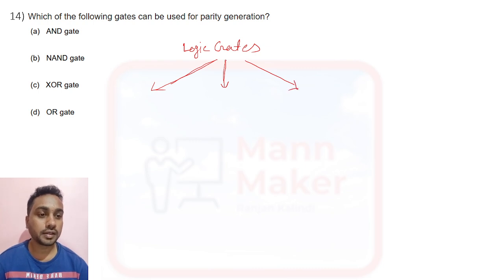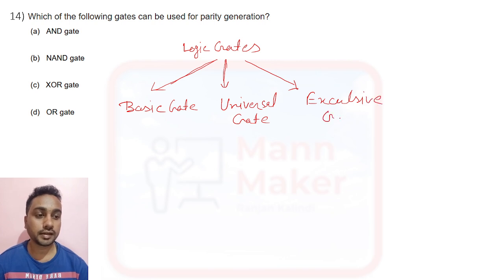Okay. But that is another thing. The three types of logic gates are: one is basic gates, another one is universal gates, and the third one is exclusive gates. So these are the three types of logic gates.